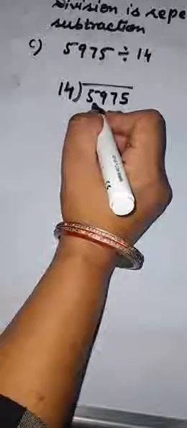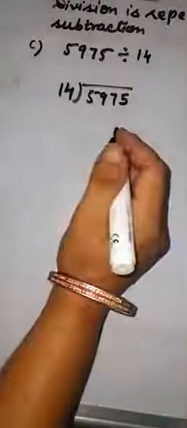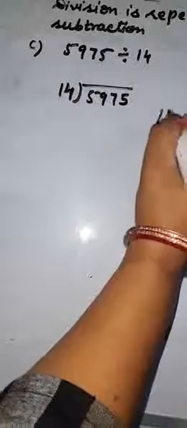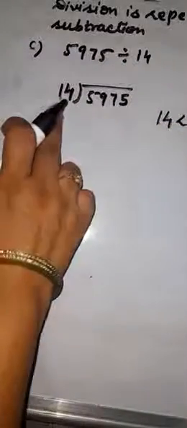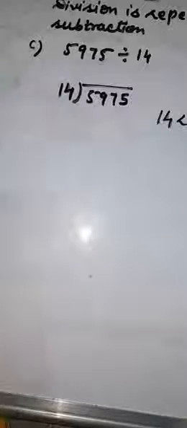The number formed by the first 2 digits 5 and 9 of the dividend, as the divisor is a 2-digit number. So 14 is smaller than 59. Right, so we will recite the table of 14 for 59. Using the multiplication table of 14, we see that 14 goes into 59 4 times and yields 3 as a remainder.